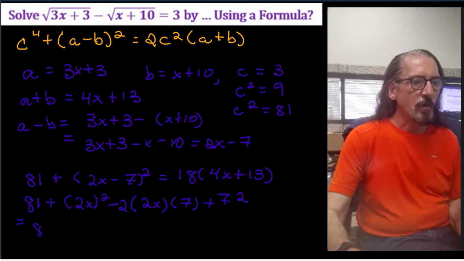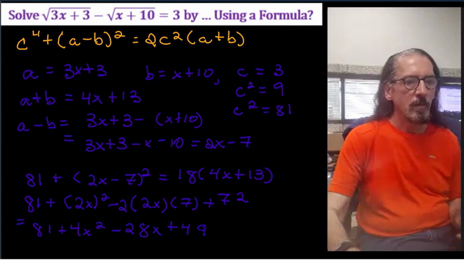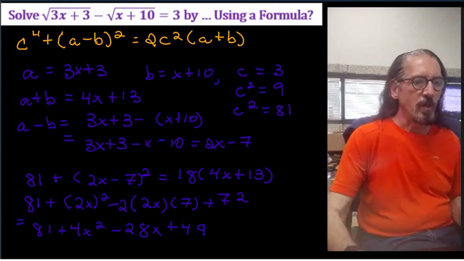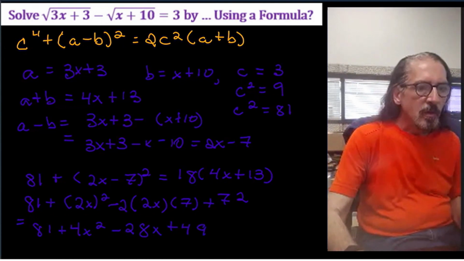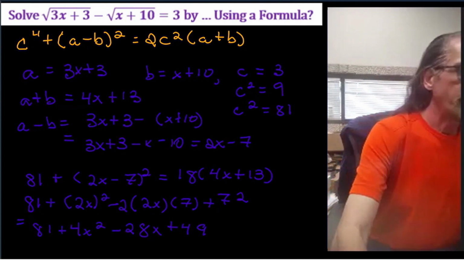Plus 81 plus 4x squared minus 28x plus 49. And we also need to see what 18 distributed to 4x plus 13 is.